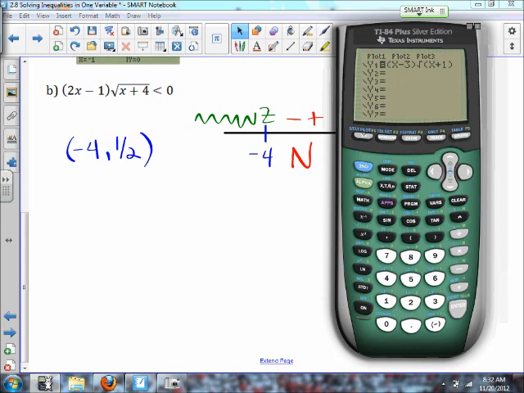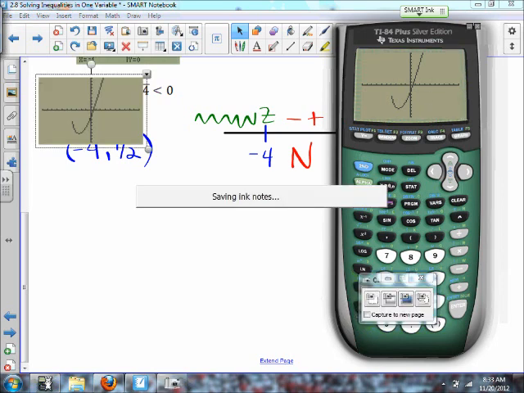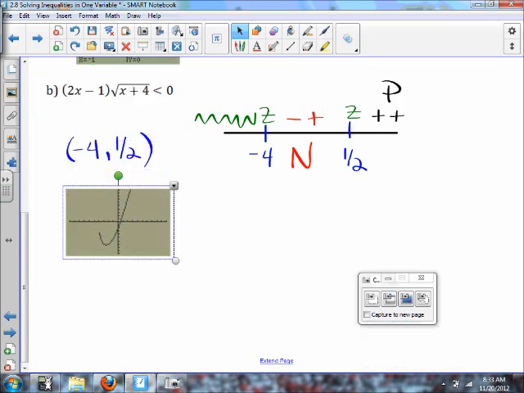Now, again, if you were to graph this, you can see it's going to be 0 at -4, so it's going to come here. That's where it's less than 0. Okay.